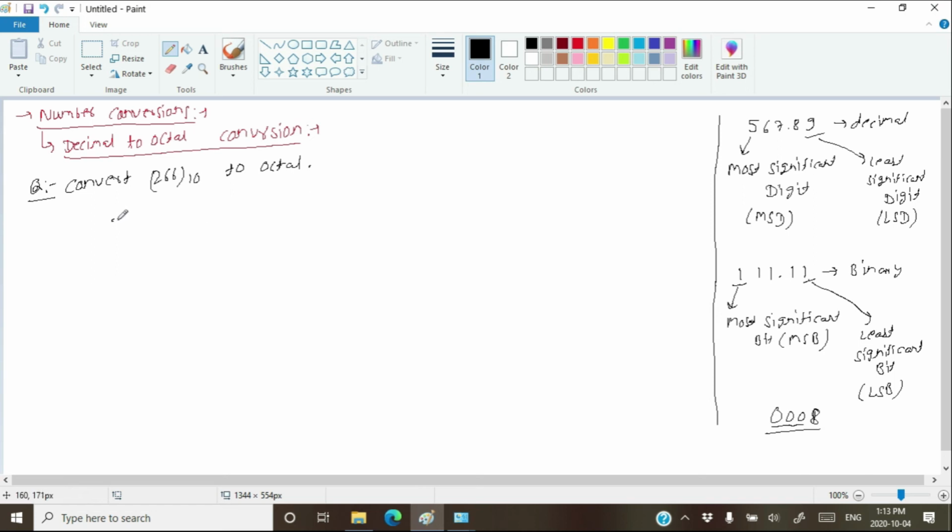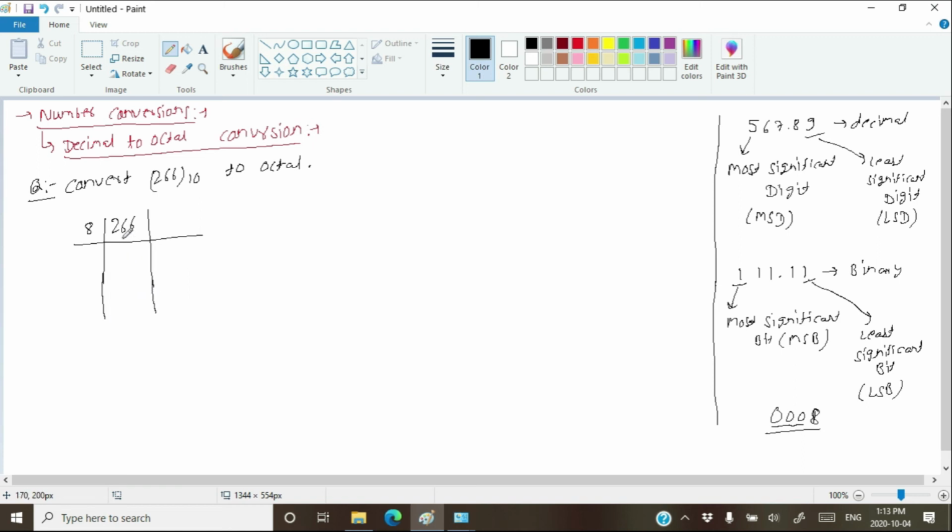So this is our decimal number 266. We have to divide it by the number 8. Like in binary, we divide the number by 2, but since here we have to convert from decimal to octal, that's why we will divide the number by 8.